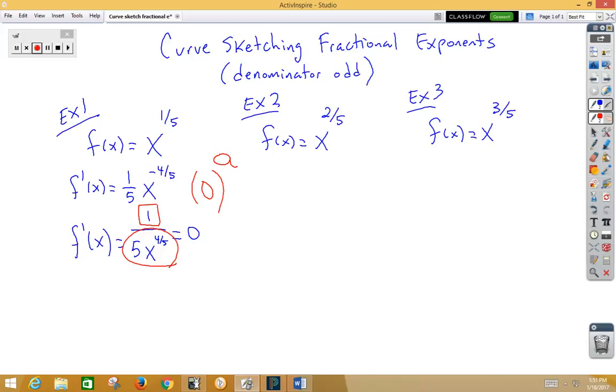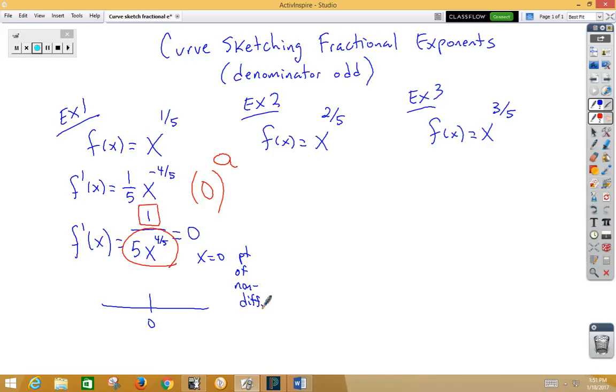So we have a problem at x is 0. So we're going to have to do a sign test and see what's going on. So we have a point of non-differentiability at x is 0, because it creates an undefined situation.